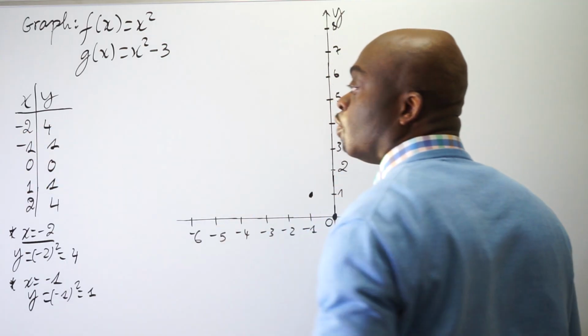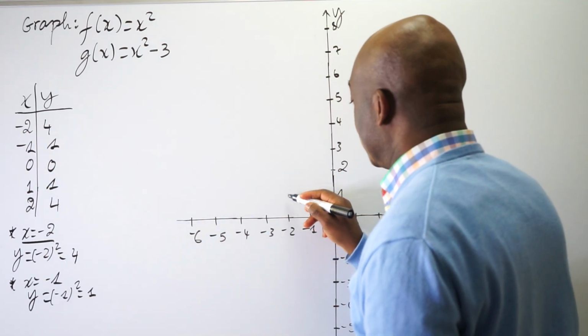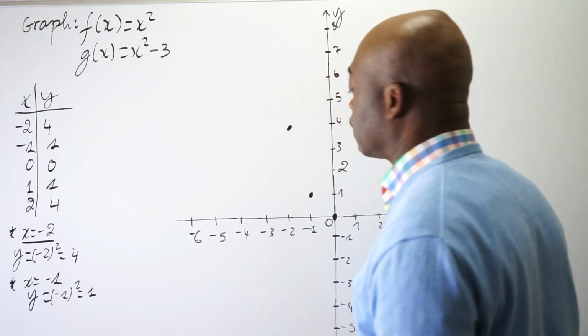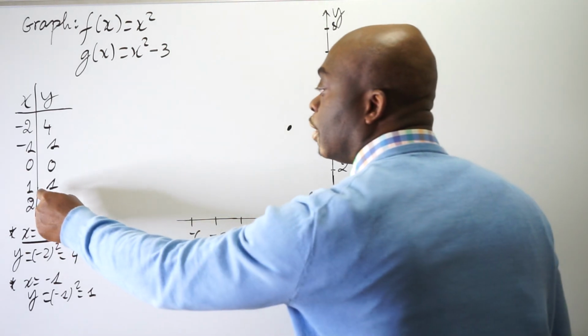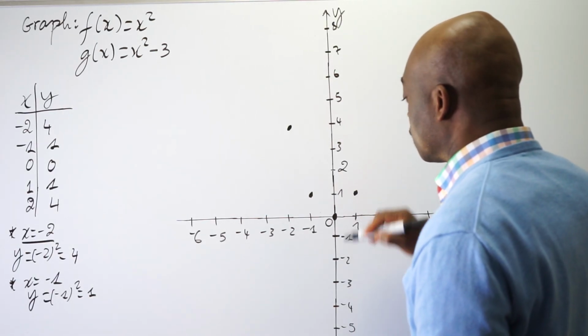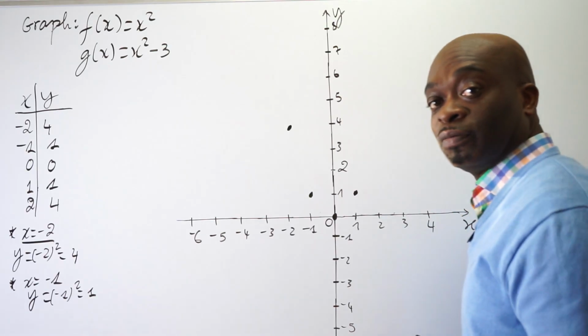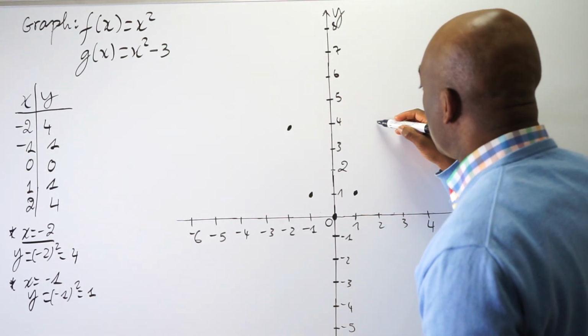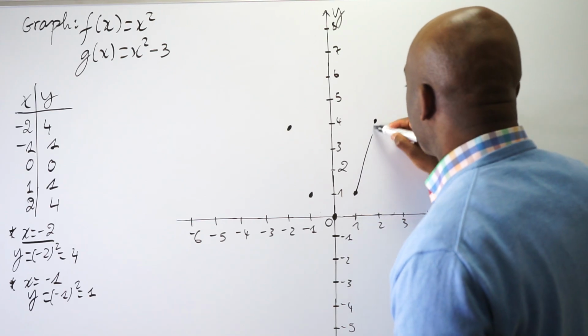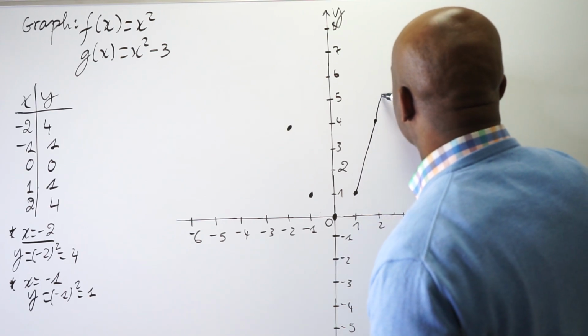Then negative 2, positive 4. This is it. Then we go 1, 1. And then 2, 4. All right? So let's graph it and make sure that we're doing it right.